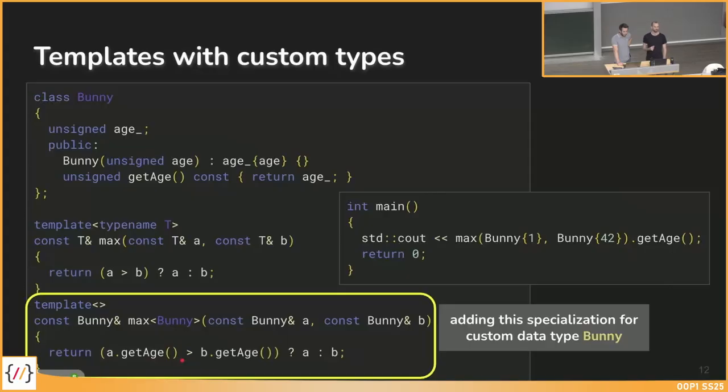If you just remove the template and the curly brackets and just write that the parameters are of the type bunny, then it would overload the function, right? Yeah, so you mean one template function and one max function for bunnies? Yeah. Does this work? So if I have a template and then one specific max function?